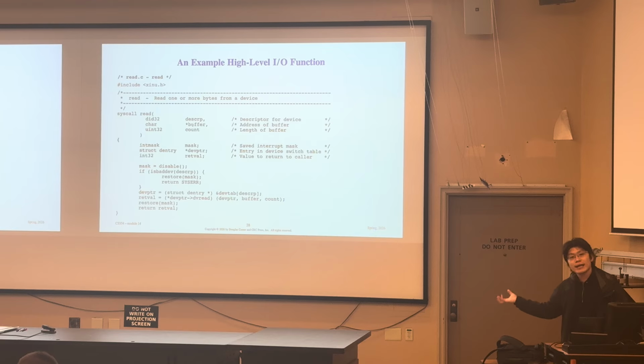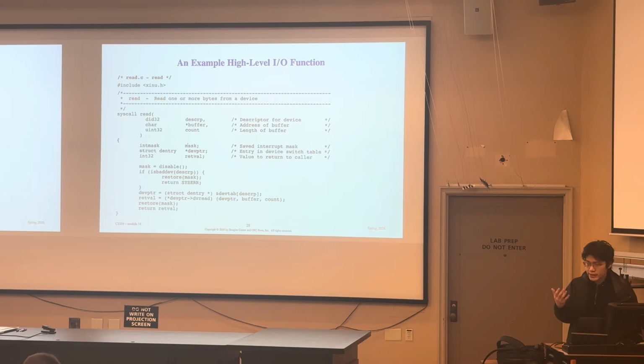We are going to read the data and put the result of this read into this buffer. Count means how long I want to read, or the length of the buffer, how many characters I want to read. And these are initialization. I use mask to disable interrupt, and I use int32 to remember the return value. These are all standard operations, standard error checks.